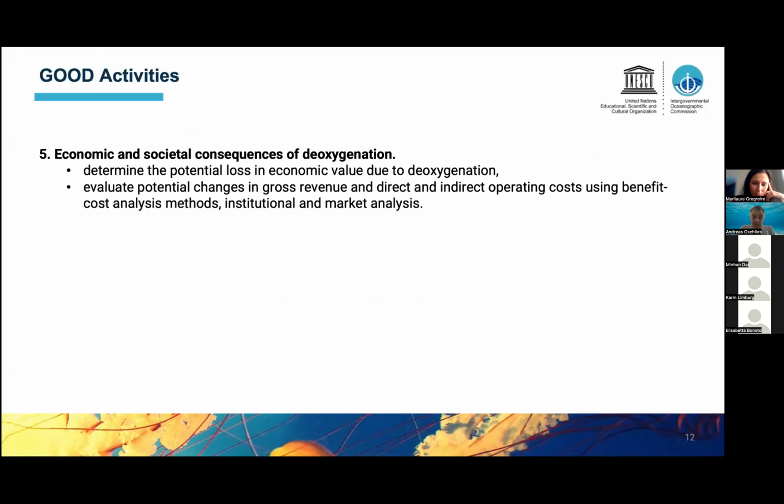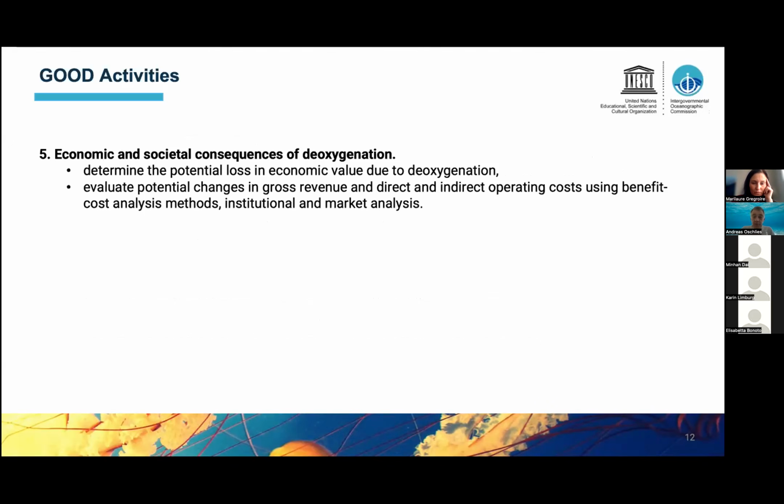The fifth action is the economic and societal consequences of deoxygenation. And here we again go into the economic valuation of the potential losses, but also of the potential gains of activities. These are trade-offs, and they will help us to better anchor activities in the political and societal decisions.